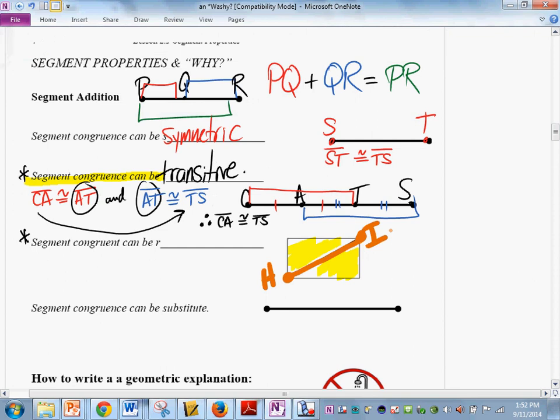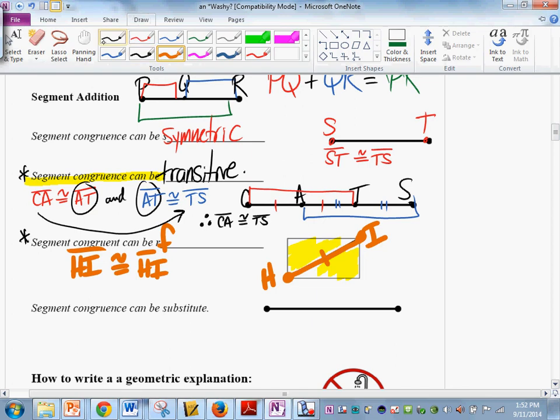Do you see that these two triangles share this segment? This segment is like an apartment wall. It's shared between two apartments. That segment is exactly shared by two triangles. So we mark it as congruent to itself, and you write HI is congruent to HI. Looks a little weird.